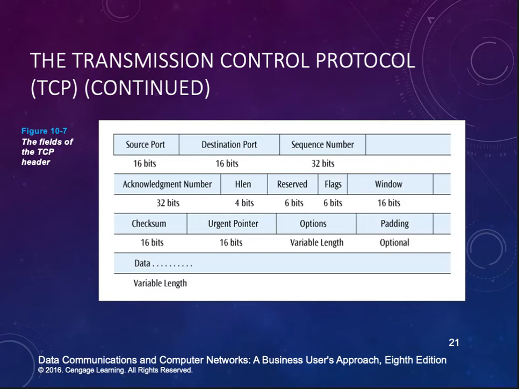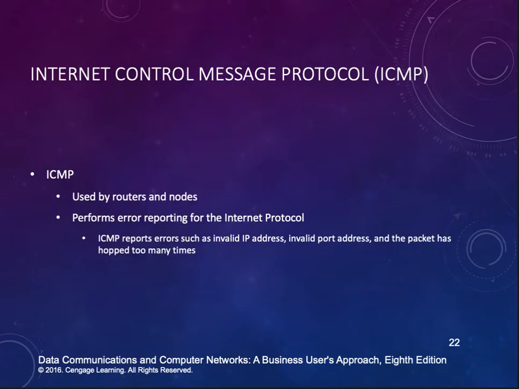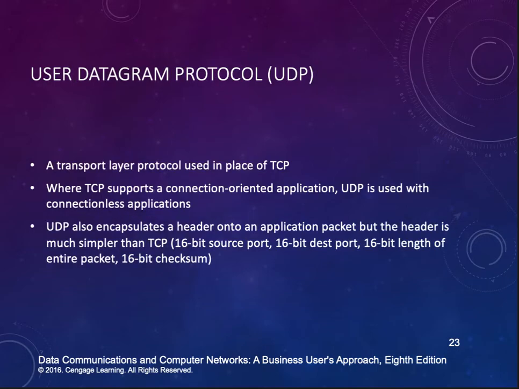Next, we have Internet Control Message Protocol, or ICMP, most commonly used in nodes and routers, and it performs IP error reporting. Also, we have the User Datagram Protocol, or UDP.